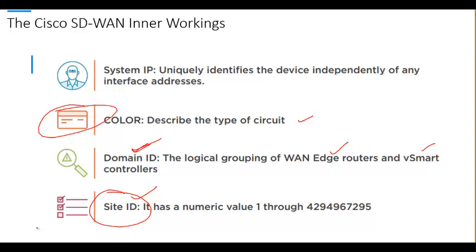Now, when the site ID is same, by default, IPsec tunnels are not formed between those devices. Repeating again. If the site ID is same, no IPsec tunnels are formed between those WAN edges that have the same site ID by default.